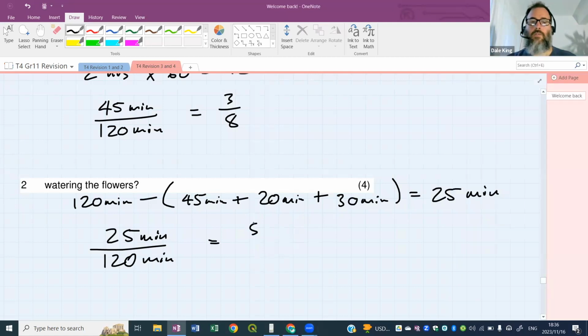And there we go. 5/24. So there's an extra step involved here. Yes, Keon, well done. We had to work out how much time was spent watering the flowers. We took the total, removed all the other times, and we were left with the flower time, and then put that into the fraction. All right, not too bad.